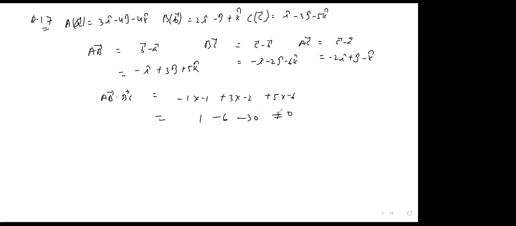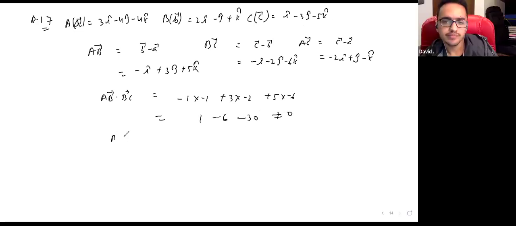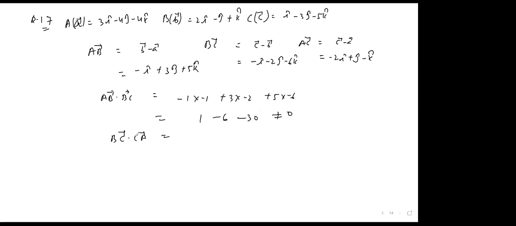It is not equal to 0. No. BC dot AC: minus 1, minus 2, minus 2, 1, minus 6, minus 1. So 2 minus 2 plus 6 does not equal 0.